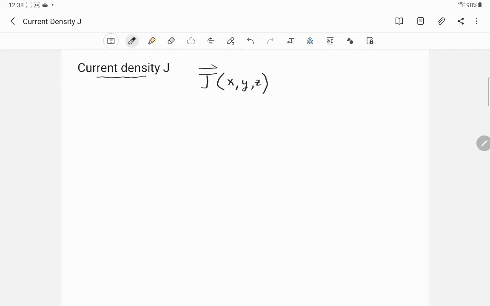So this is J. There is a basic relationship that the current that flows through an area A is equal to the integral of J dot dA. I'll get to this in a minute, but let me show you some more about J.